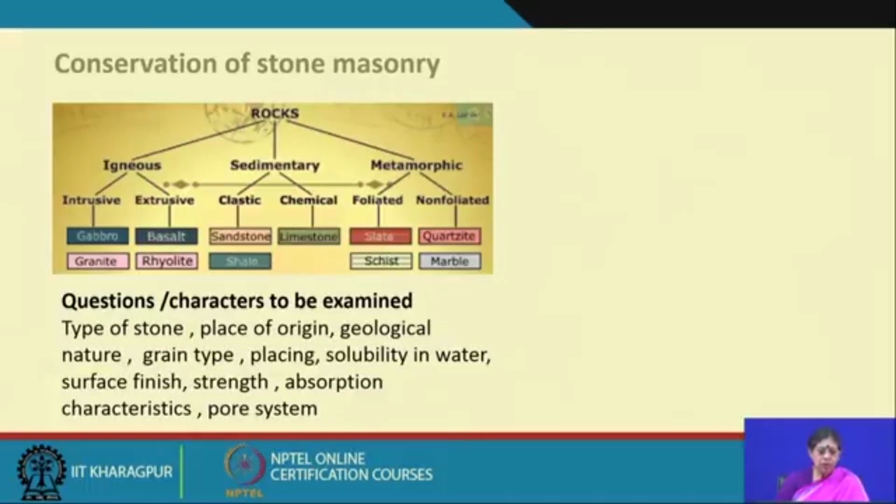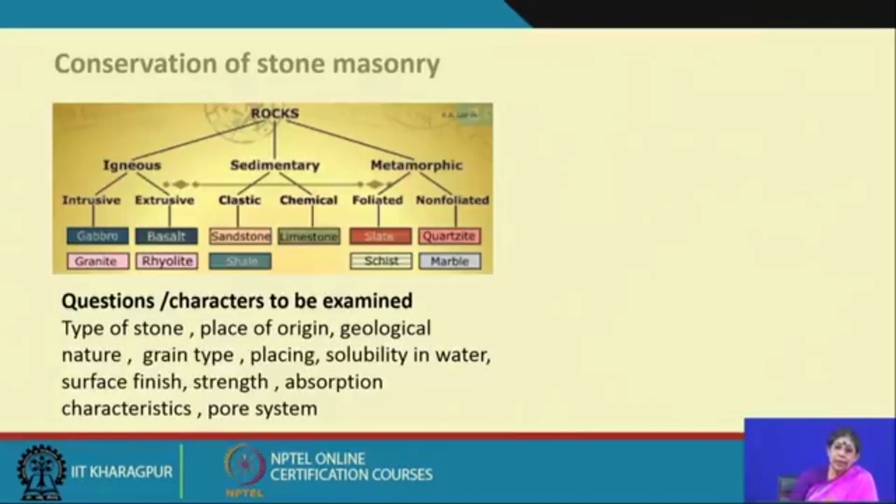So, now when we are talking about the rocks in broad terms, we have to know which type of rock, which characteristics are there. So, the characters which have to be examined for the rocks are the type of the stone, the place of the origin, the geological nature, grain type, placing, how they were placed in the structure, solubility in the water, surface finish, strength, absorption characteristics and pore system.